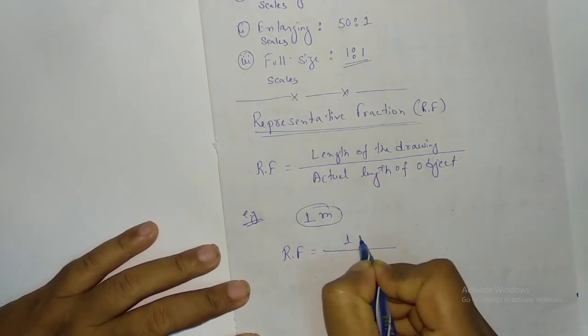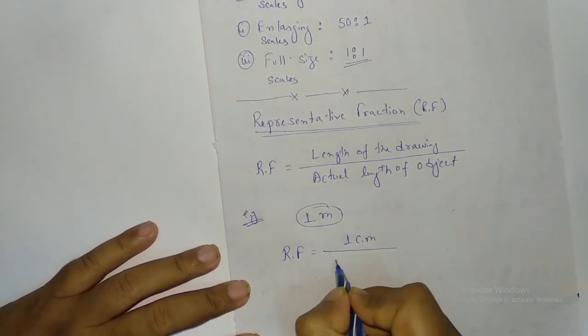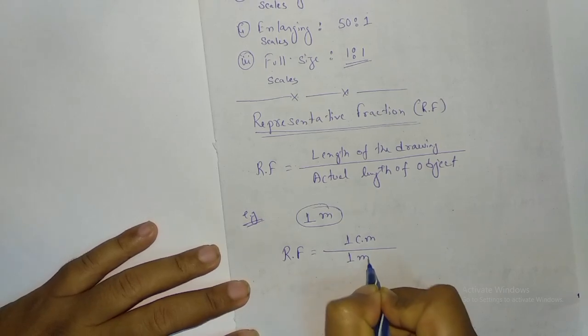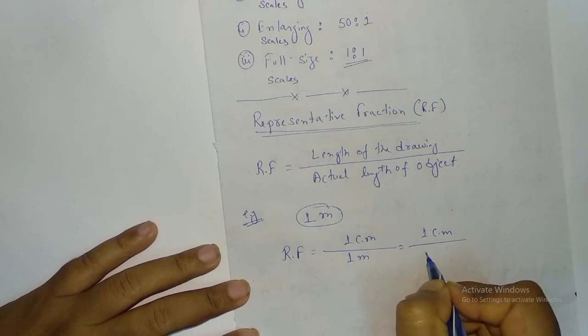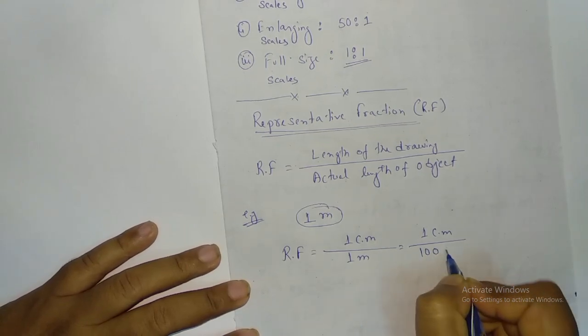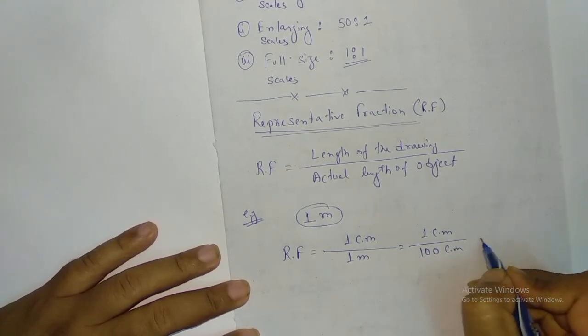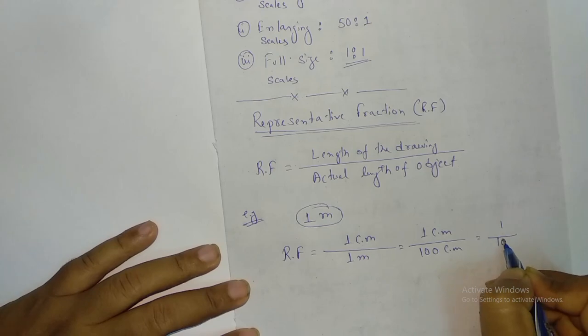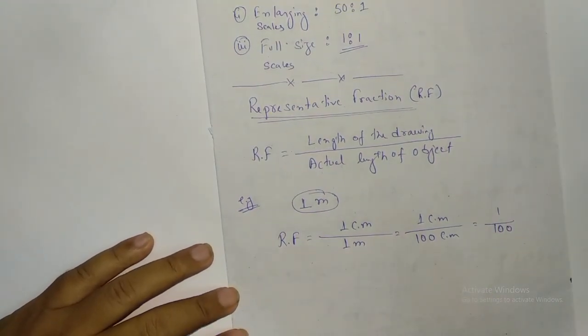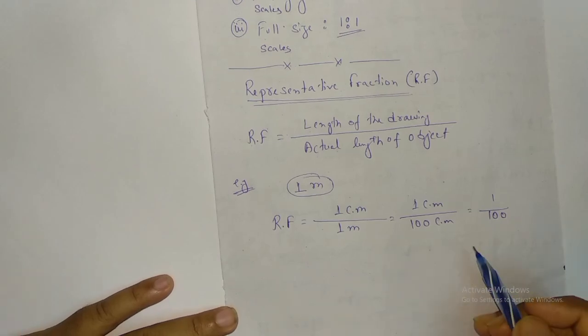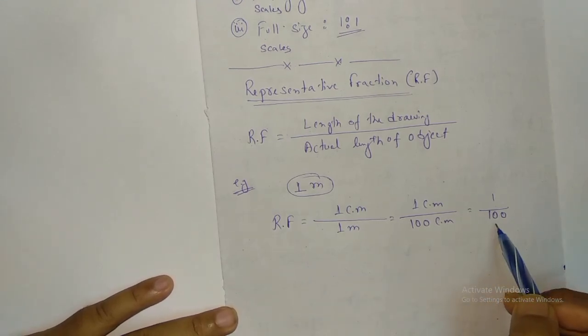So here you have 1 centimeter divided by 1 meter, which means 100 centimeters. So your RF value is 1/100. Representative fraction is 1/100. So this is an example of a reducing scale.